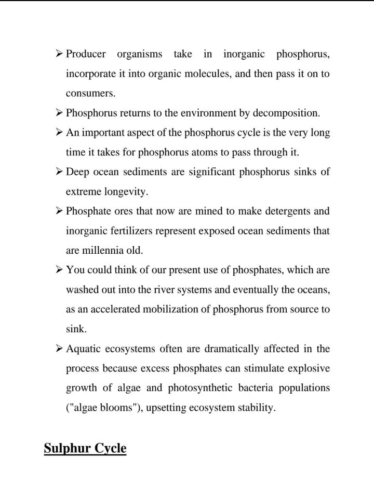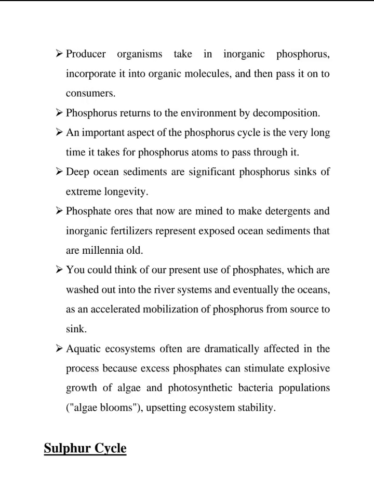Phosphate ores that now are mined to make detergents and inorganic fertilizers represent exposed ocean sediments that are millennia old. You could think of our present use of phosphate, which is washed out into the river system and eventually the ocean, as an accelerated mobilization of phosphorus from the source to the sink.